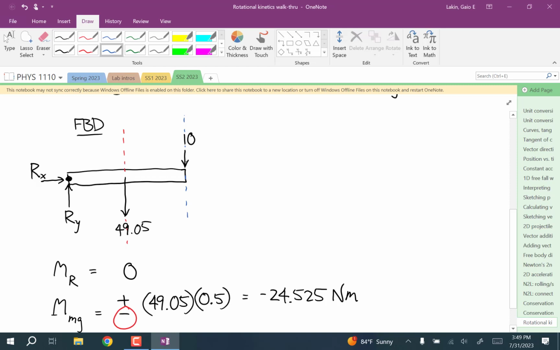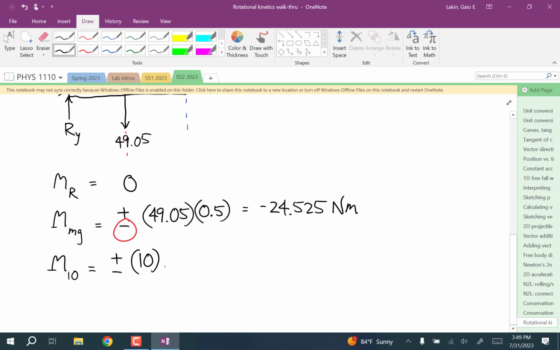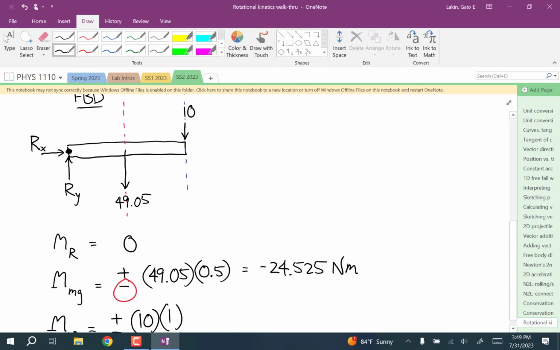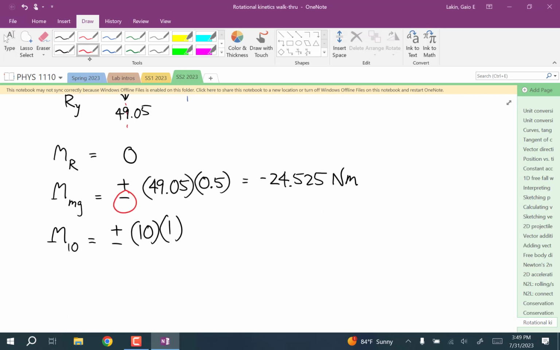That's the distance from that blue line of action to the hinge. Whoops, not 10, just 1 meter. And imagine only this force acting and the object free to rotate around that hinge. It would make it again rotate clockwise. So this is going to be negative again.